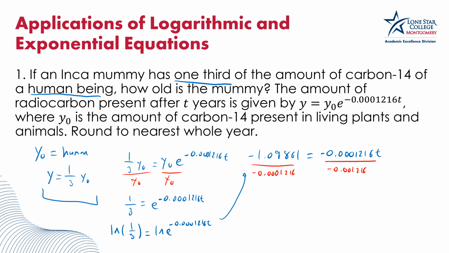Using a calculator, t would be approximately 9,034.64 years. Because we want to round to the nearest whole number, this would be approximately 9,035 years. And that will be our solution.